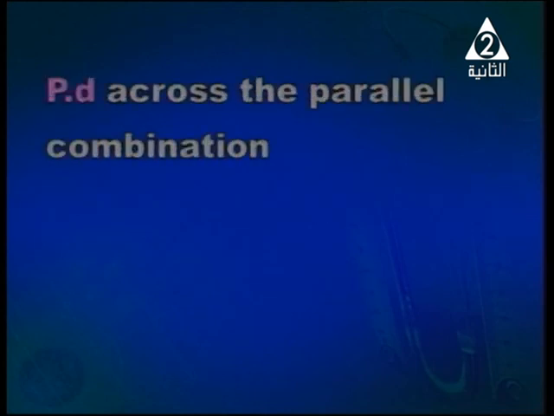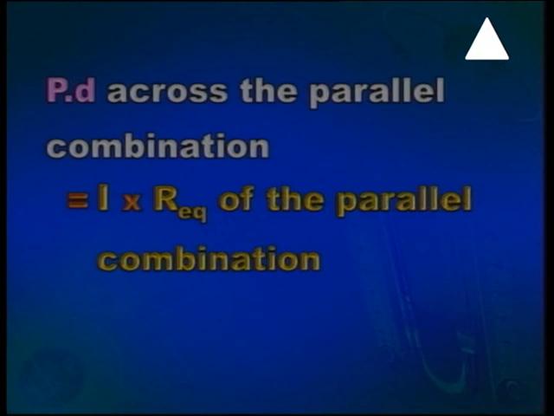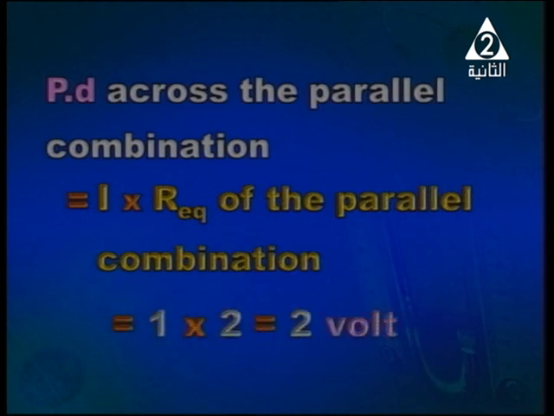Okay, to calculate I1, I2, I3, we need to calculate the potential difference across this parallel combination. It is equal to I, the current entering the parallel combination, times R equivalent of this parallel combination. So it is 1 times 2, it is 2 volt.